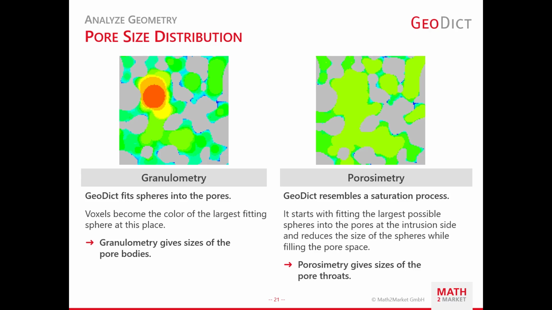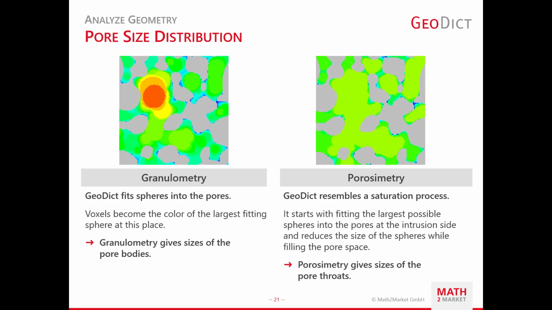Usually in the experiment, you apply a certain pressure to the sample and really press mercury into the pores, and by increasing the pressure the mercury intrudes into the pores, and you can back calculate from the pressure drop how big are my pores. But what you actually get is not really the size of the body of the pore, but of the throat.